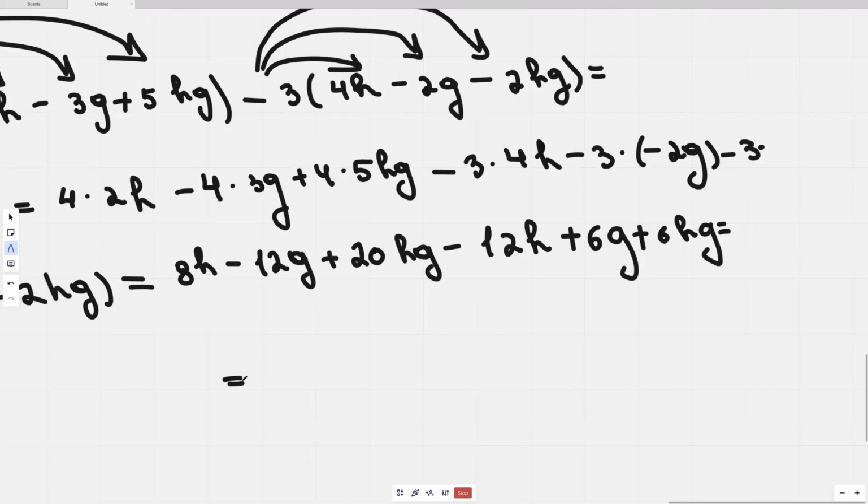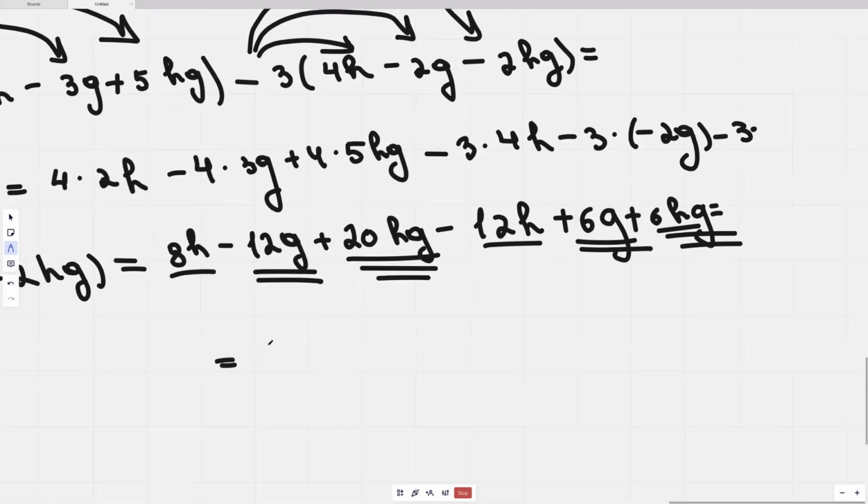So in that case, we have to find the common terms again. So 8h, h is not equal to g, not equal to hg, but equal to h itself. So these are the common things here, and 12g is not equal to 8h, not equal to hg, but equal to 6g here. And lastly, 20hg is equal to just hg left, equal to 6hg.